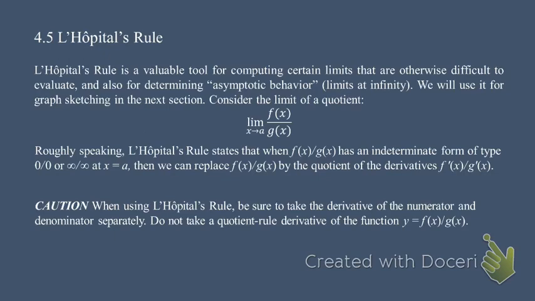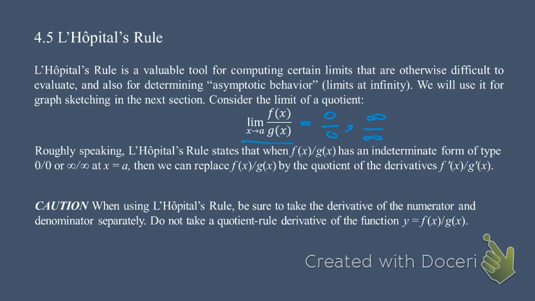Okay? And so we want to consider this function here, the limit as x approaches a of f of x over g of x. L'Hopital's Rule says that if, when I take this limit, I get the indeterminate form 0 over 0 or infinity over infinity, then I can rewrite this limit by using its derivatives.